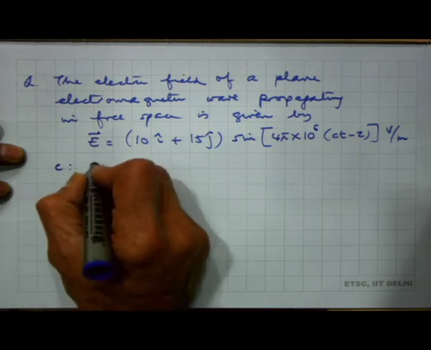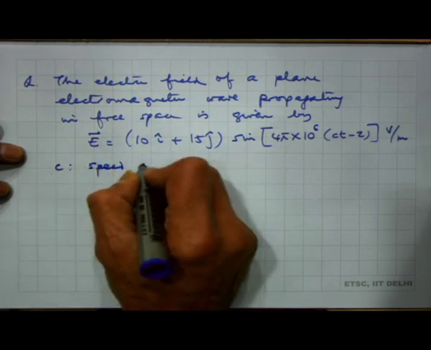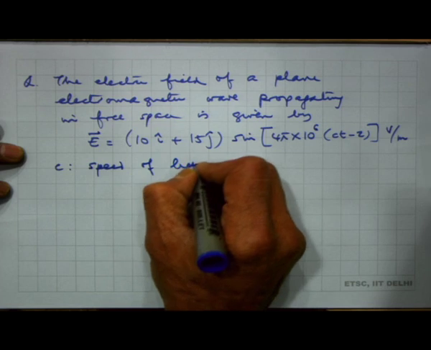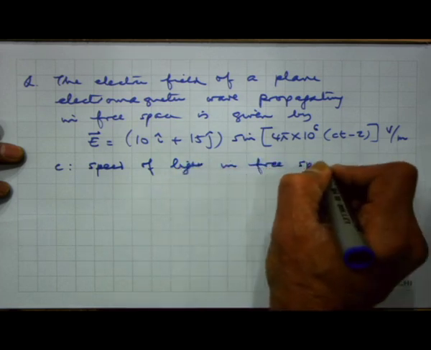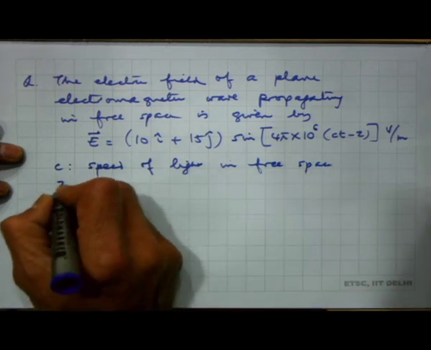C is the speed of light in free space, and z is in meters.